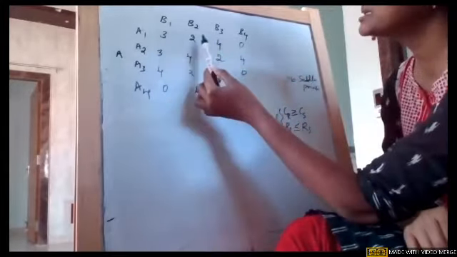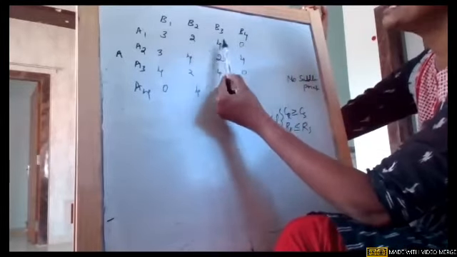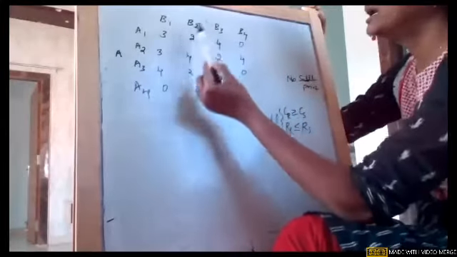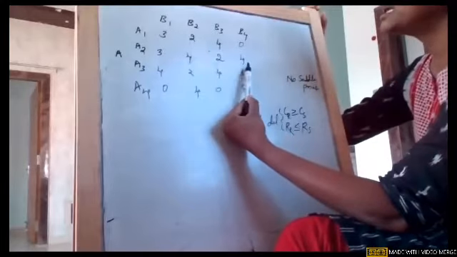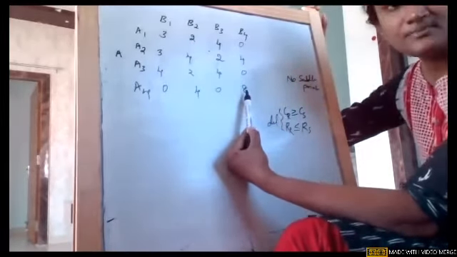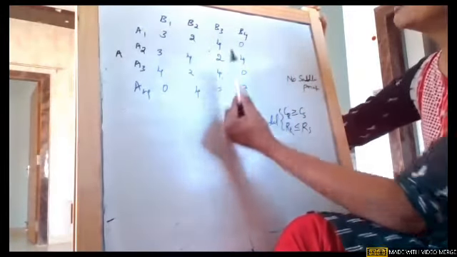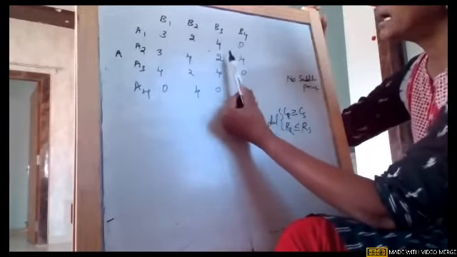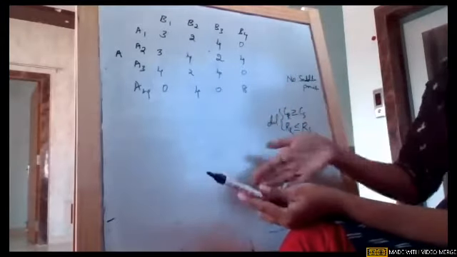Now second column and third column: 2 is less than 4, 4 is greater. Again, no. Now second column with fourth column: 2 is greater than 4, 4 is equal to 4, but 4 is less than 8. The last one is opposite. Again, no. Now compare third and fourth: 4 is greater than, 2 is less than. So column wise, we are not able to apply dominance.